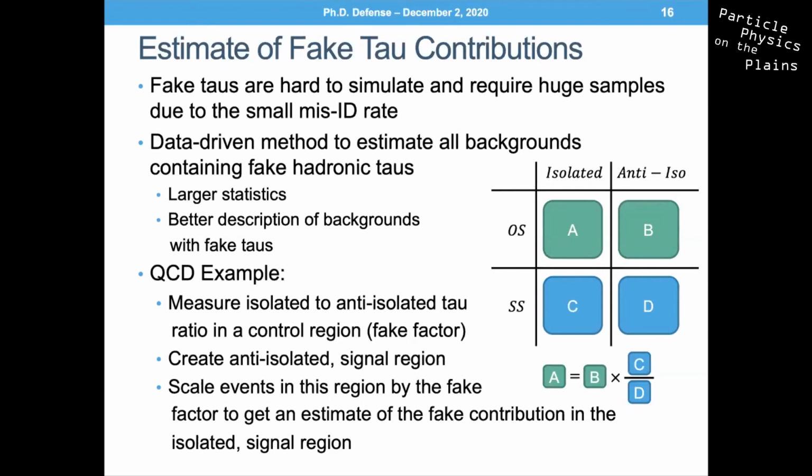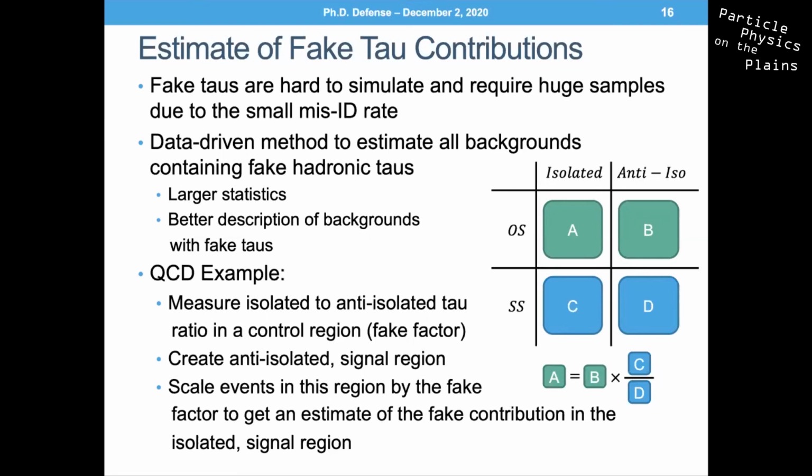And then you can use this ratio to scale events taken directly from the opposite sign anti-isolated region. And this should give you a prediction of your isolated opposite sign events. So the shape comes from the B region, and then the C/D region scales your normalization. And this gives you a good estimate of your fake taus in your signal region.